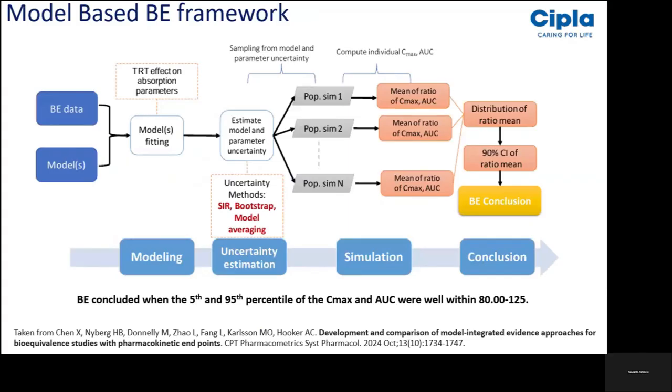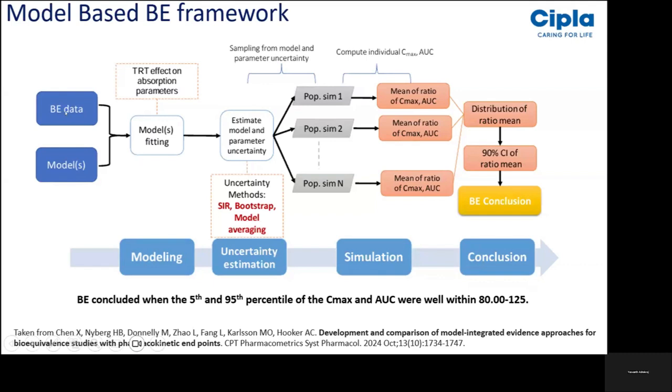Coming to the model-based BE framework, this framework is the collaborative work of the US FDA and Uppsala University, where they have outlined how model-based bioequivalence needs to be performed in a stepwise manner.